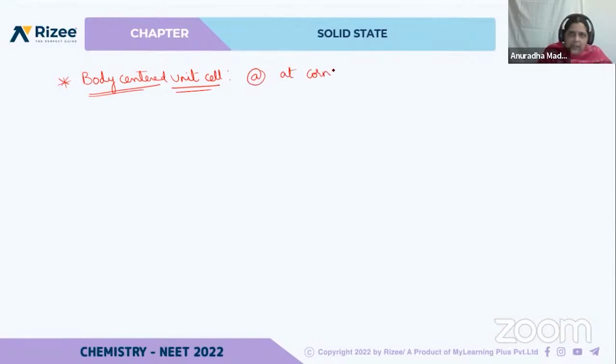That is compulsory for any sort of unit cell, and that too 8. 8 into 1 by 8 is equal to 1 atom. And the next one is inside the body, inside the cube, inside that box.